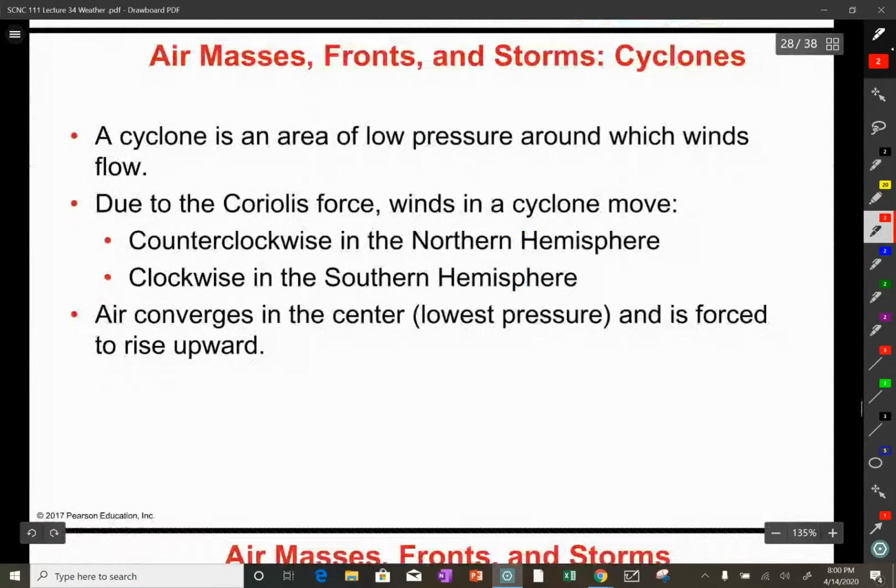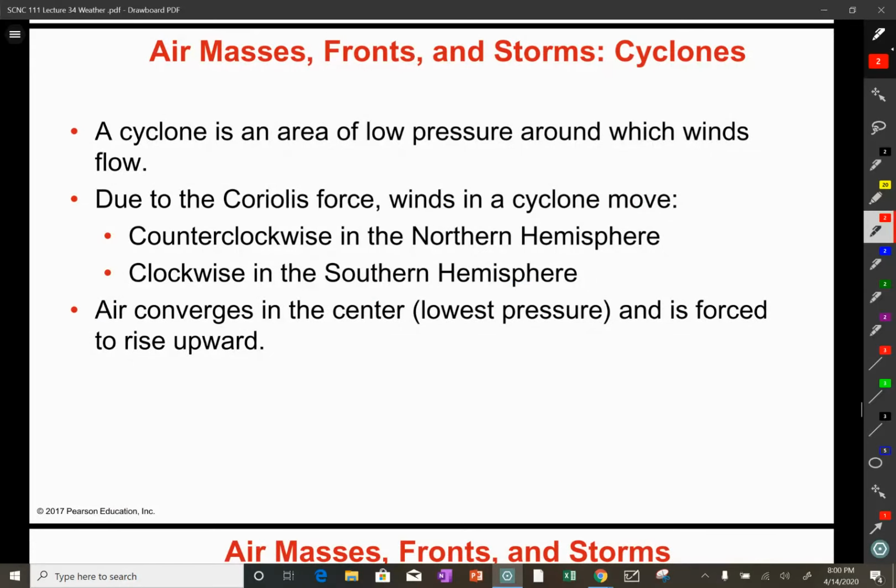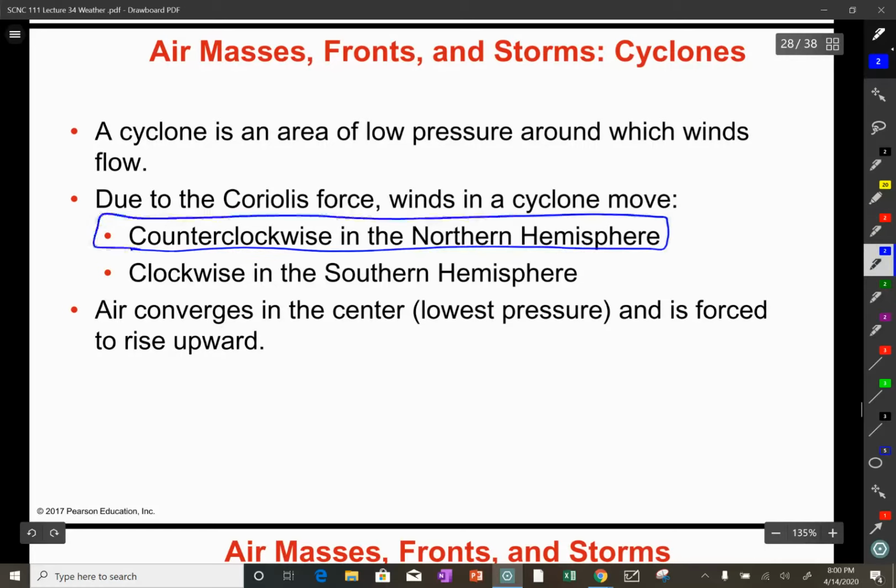Now, cyclones. Talking about storms, cyclonic storms are storms that twist. And cyclonic storms, it's really useful to note that in the northern hemisphere, they appear counterclockwise as viewed from above. But in the southern hemisphere, they're clockwise. They're just the opposite. And this is the result of the Coriolis effect.